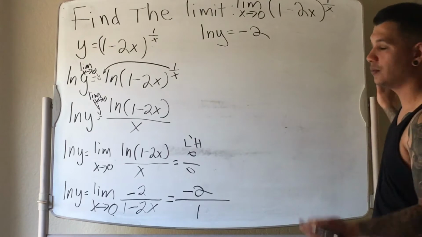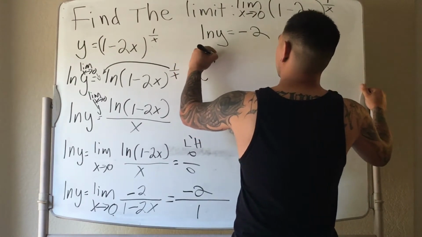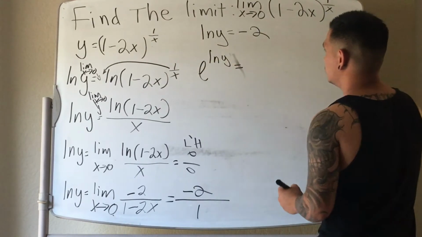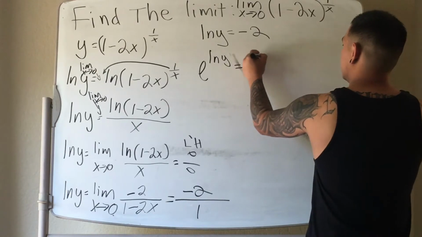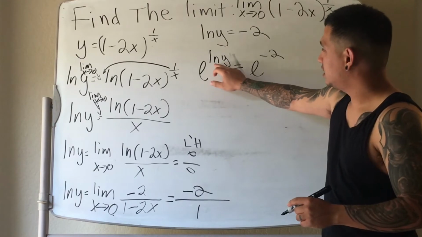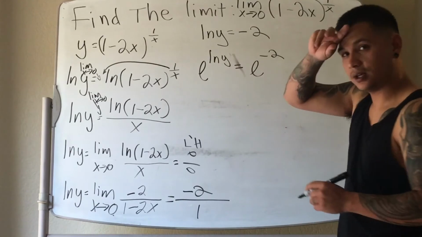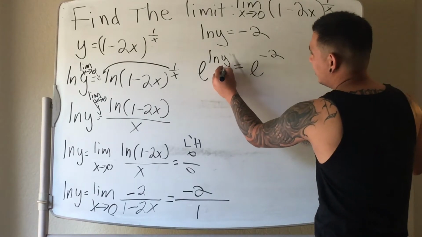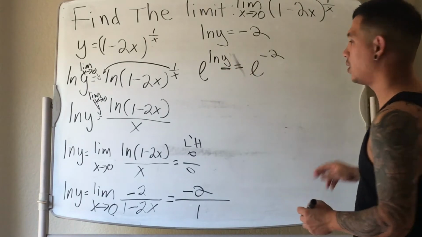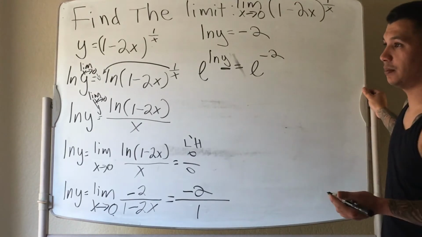How do we isolate y? Well, we e both sides. ln y is equal to negative 2, so e to the ln y is equal to e to the negative 2. Now what happens when it's e to the ln of something? Well, that just becomes that something. E to the ln of y is just y. And if you don't know, look at my previous videos.